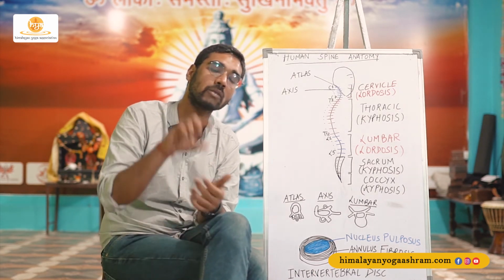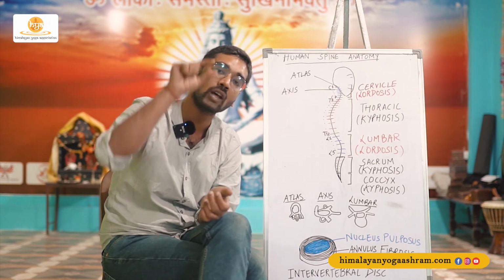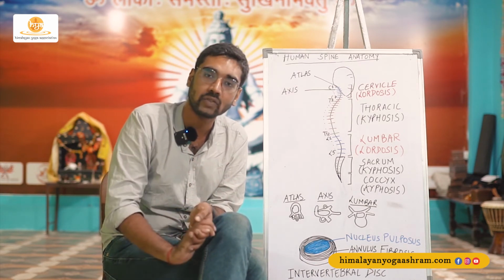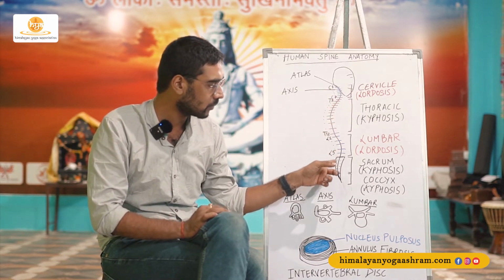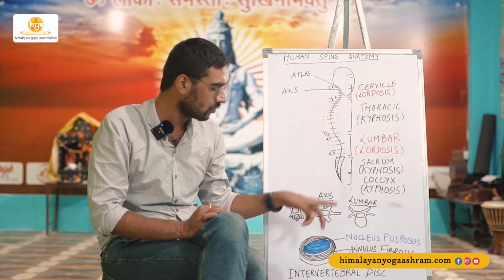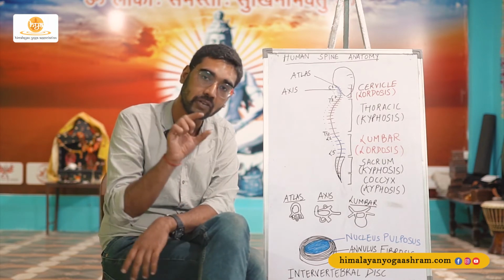But they also get this stability and movement with the help of the intervertebral disc, which is present between every two vertebrae running across the entire length of the spinal column. Each one of these spinal vertebrae up until L5 has intervertebral discs between them.